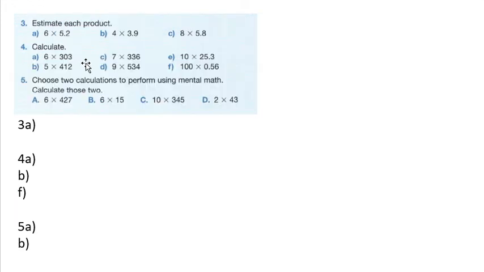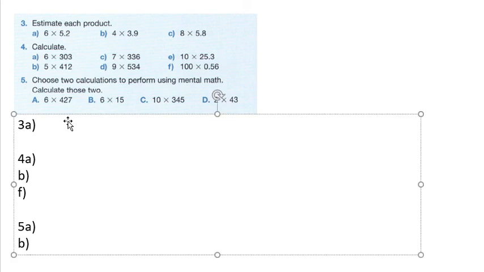For number 3, we're doing a bit of estimating now. I'm only going to estimate the first one. So if we look at 6 times 5.2, 5.2 is very, very close to 5. So I could estimate this as 6 times 5. And 6 times 5 is 30. So I'm going to leave the 30 right there.